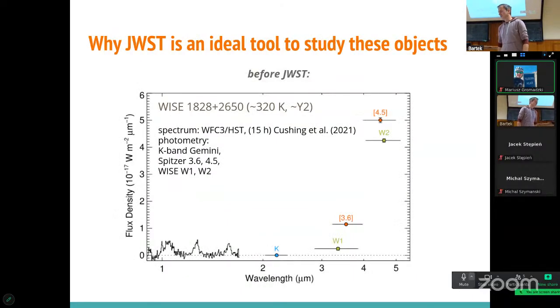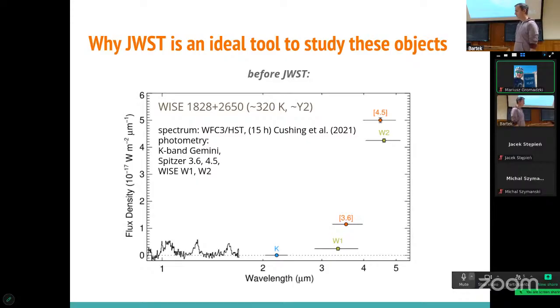This was actually the best that we could do for these objects for quite many years, before James Webb came into play. They were simply too faint, too dim, and too difficult to observe to get better observations. Here is one of the best observations available for a Y dwarf before JWST.